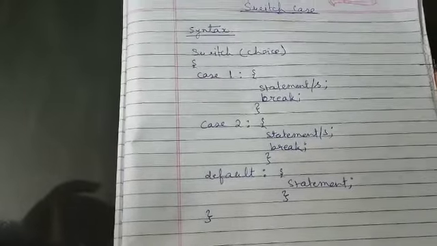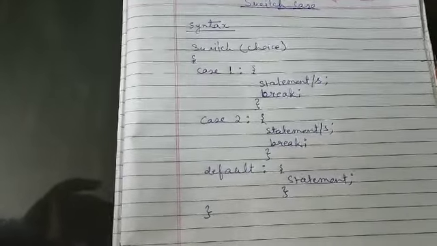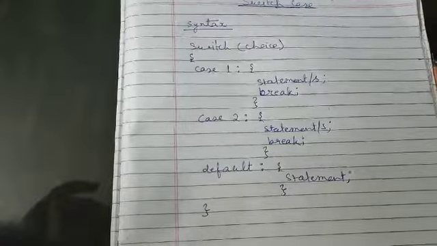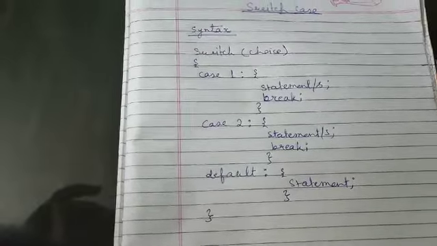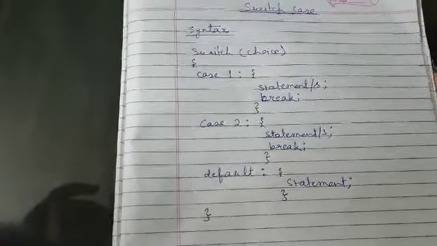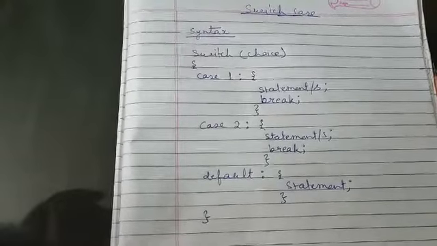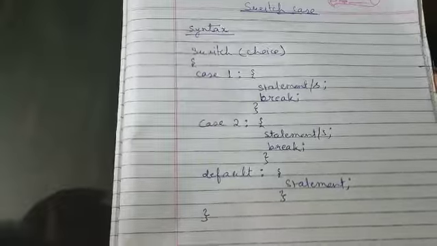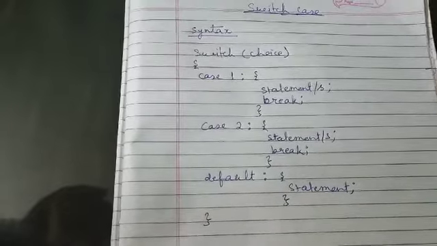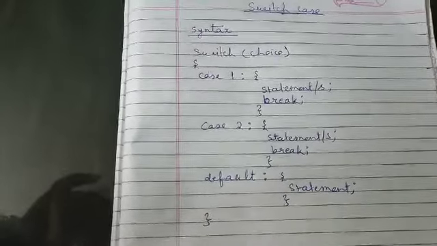For example, you go to a hotel and the waiter comes and gives you a menu. Why do they provide a menu? In the menu they have written only those things which are available in the hotel, and depending upon your choice you can place the order.